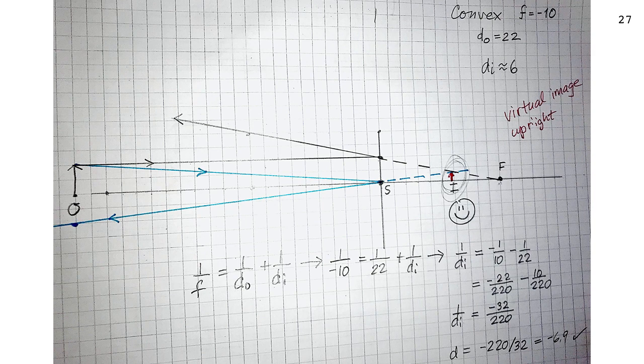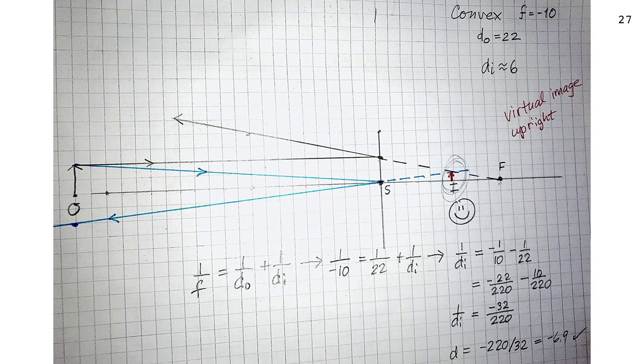1, 2, 3, 4, 5, 6, 7, 8, 9, 10. Okay, so there's the fake focal point. Then 2, 3, 4, 5, 6, 7, 8, 9, 10. Here's 22. All right, so here's my object, 22 blocks out to the left.